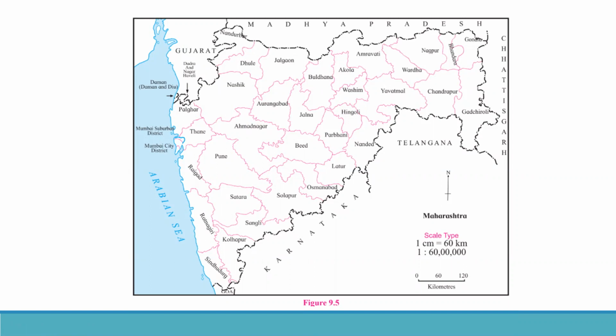Now we shall see the importance of this graphical scale. Sometimes what happens, children, you want to go to Xerox to take out a photocopy, we call it, no? You can reduce, you can enlarge. So there are many methods of reducing or enlarging maps also. One of them is by taking a photocopy of the original map. You can reduce it or you can enlarge it.